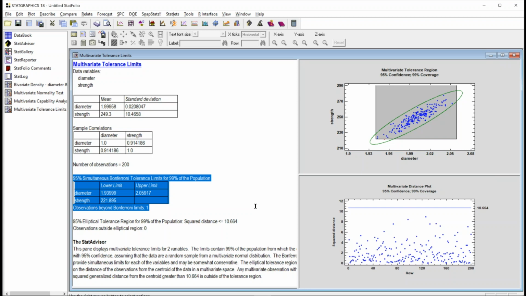Using the Bonferroni approach, I can tell you that at least 99% of my population has a diameter between 1.93999 and 2.05917, and at the same time has a strength no less than 221.895. Those are simultaneous tolerance limits for 99% of the population.